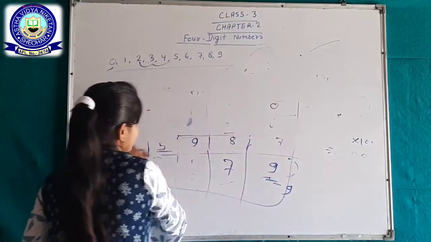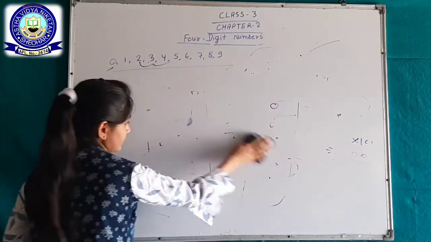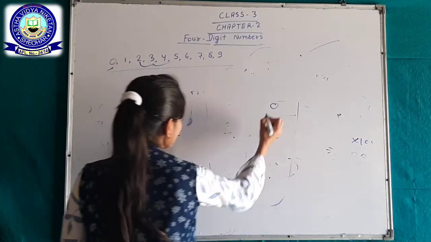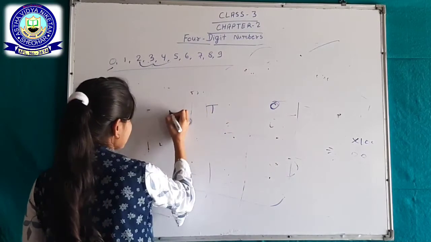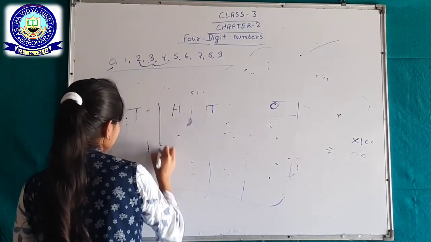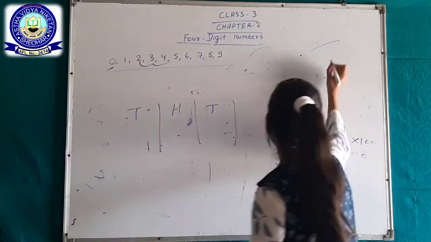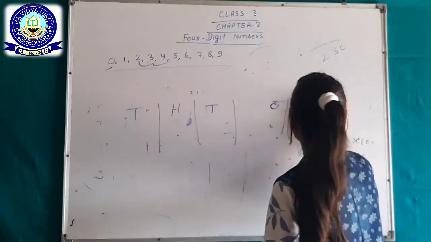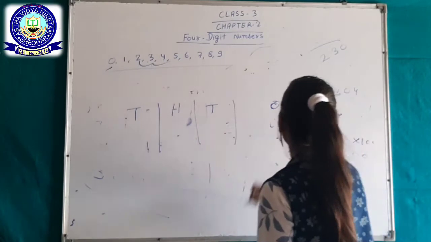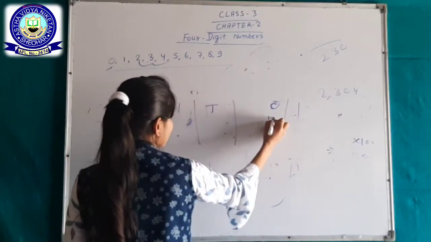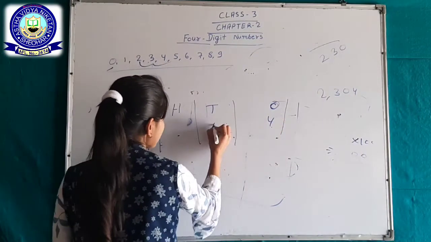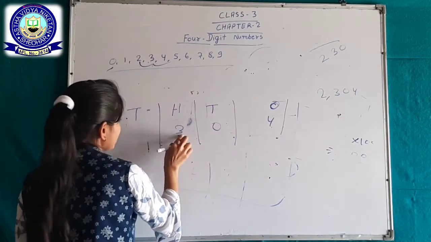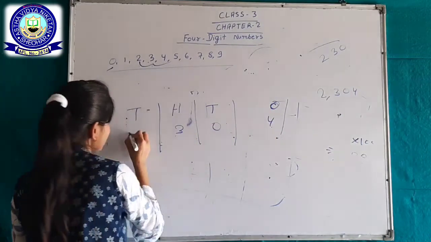See another example. There is ones, tens, hundreds and thousands. We have to find out the place value in 2304. The position of 4 is ones, the position of 0 is tens, the position of 3 is hundreds and the position of 2 is thousands.